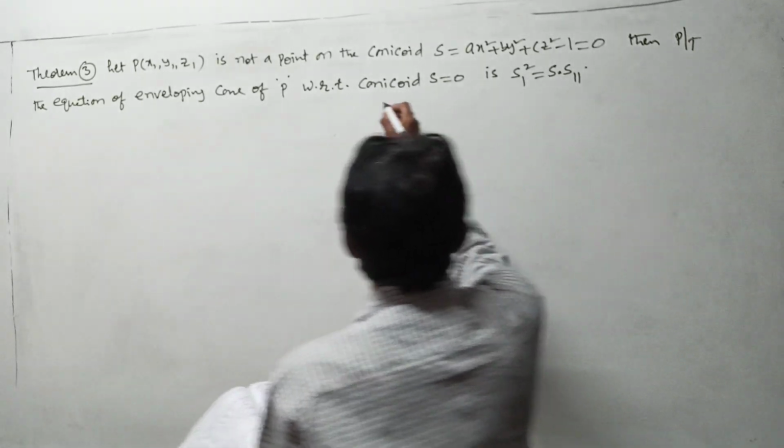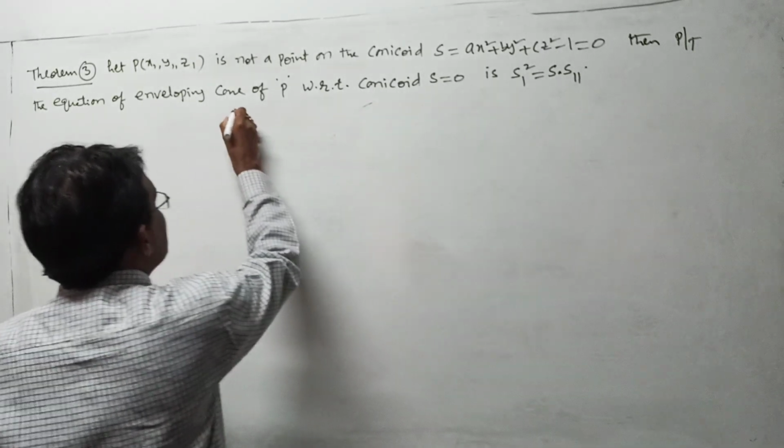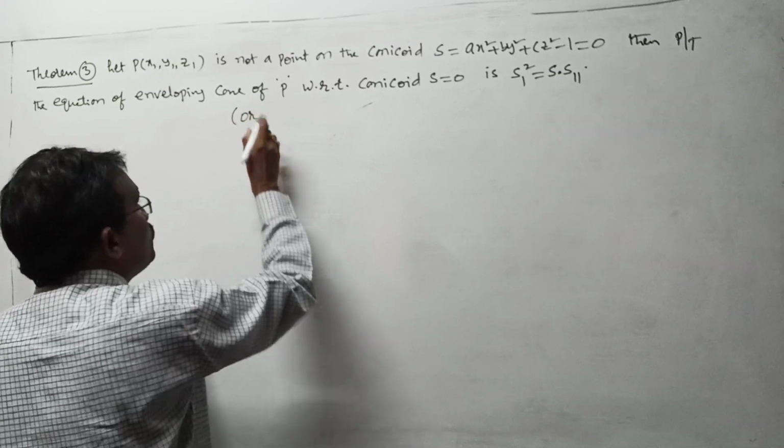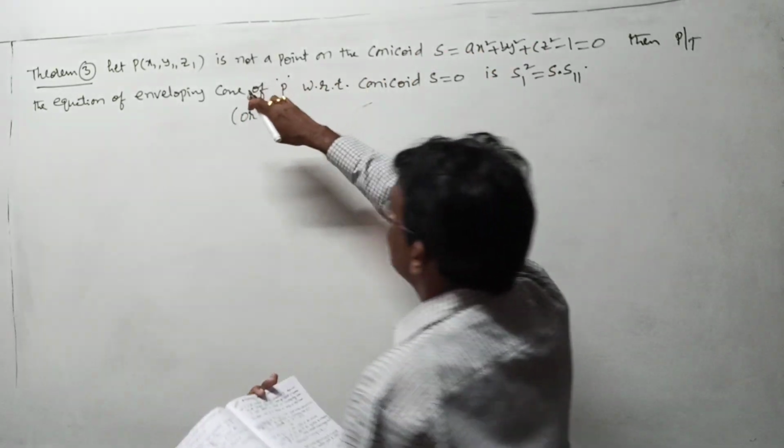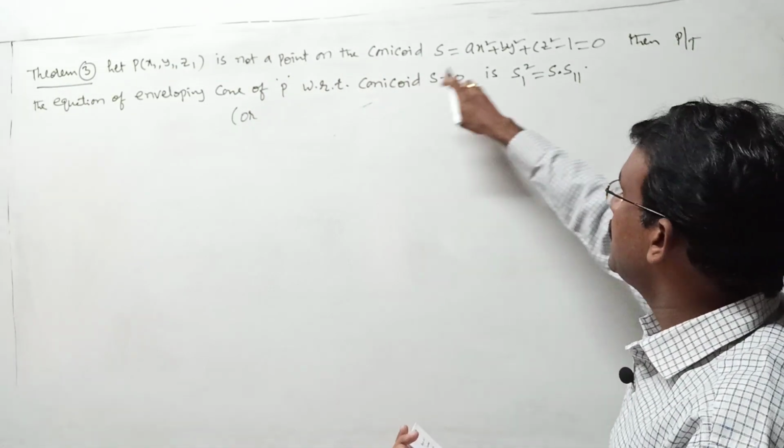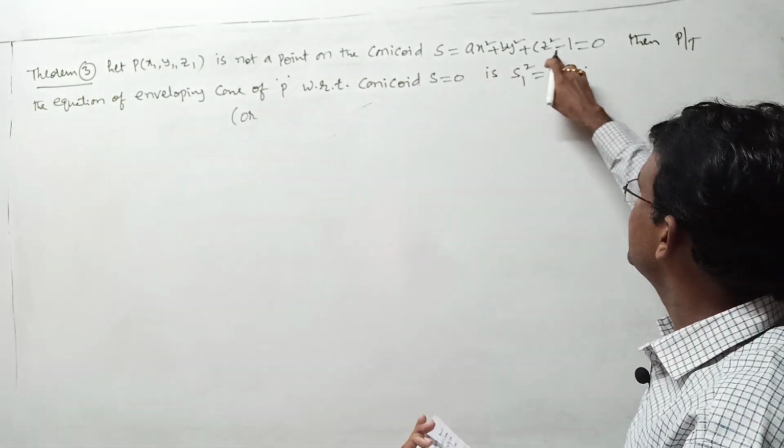But what are S1 and S11? In the statement, instead of the S notation, they write it out directly. Let P(x1, y1, z1) be not a point on the conicoid ax² + by² + cz² − 1 = 0.